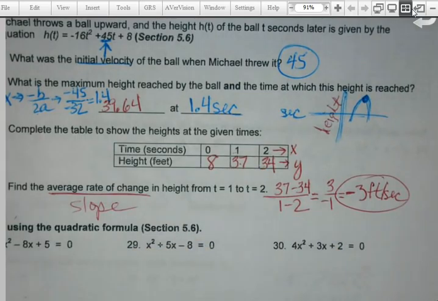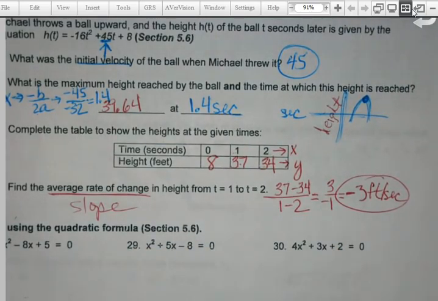So it's going to be a negative slope. If it was going upward, if it was still ascending, it would be a positive slope. But that's about all I can do on that. So you'll notice I picked up some of it manually, picked up some of it from the calculator, and picked up some of it just from knowing how to find the slope of the line. So lots of little things to play with as far as that goes.